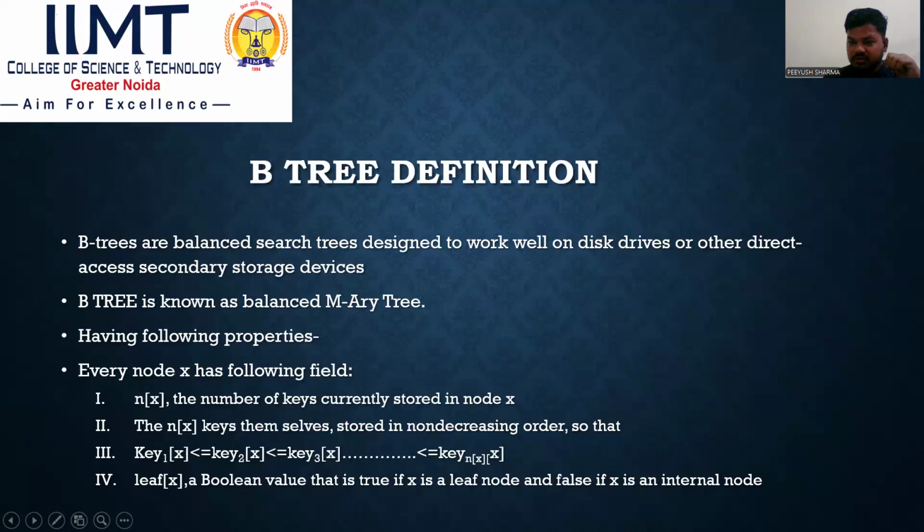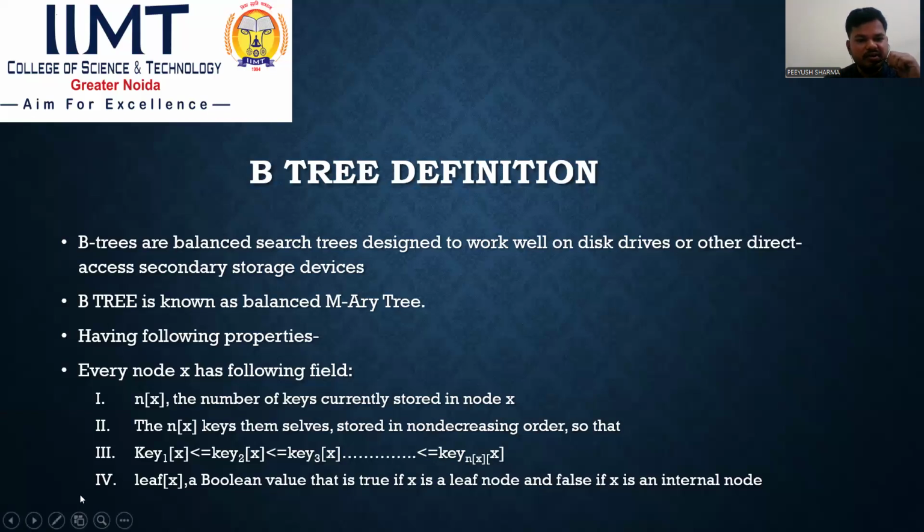So before that, for the purpose of storing data, what data structure are we using? Array. Either we can use an array or a linked list, right? So a B-tree is also represented in the form of a linked list, right? And we already know that in a linked list every node contains two parts, one is address and another is data.